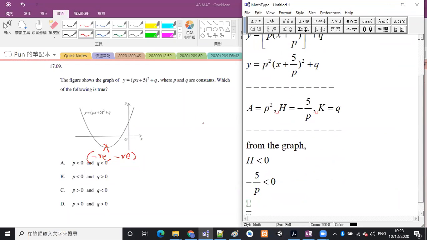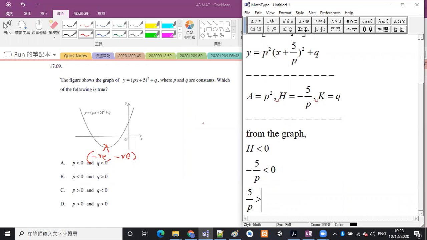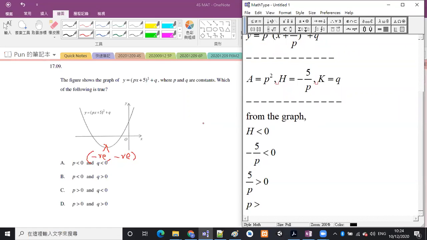But 5 over p itself should be larger than 0, right? But this is a fraction. The upper part is positive, and the result is positive. So what can the lower part be? Should it be positive or negative, such that the whole fraction is a positive number? Okay, we can think about this easily. P should be larger than 0. Okay.